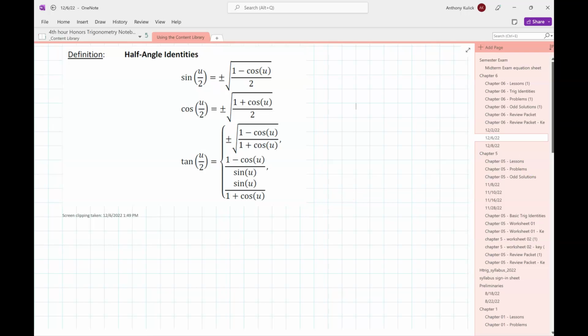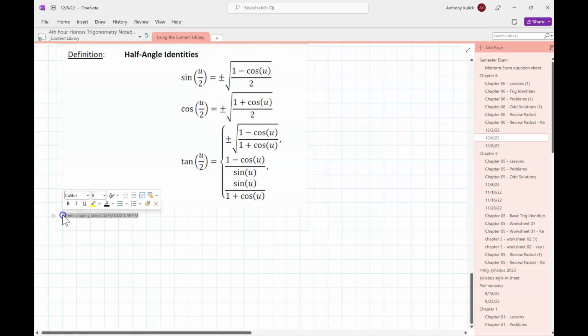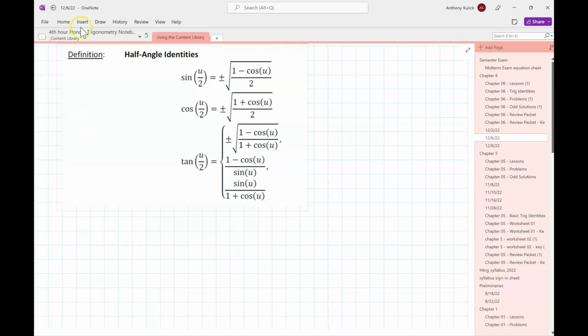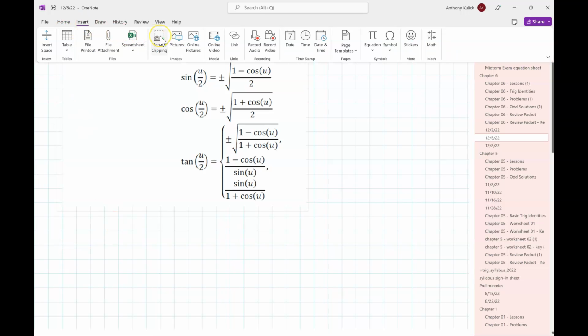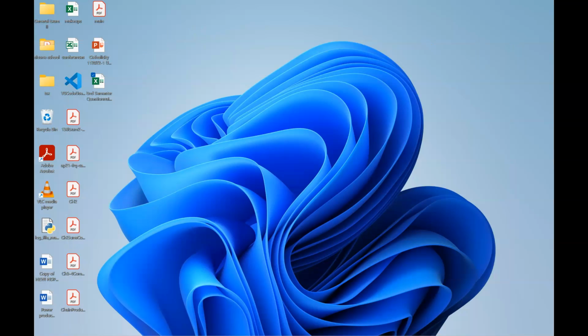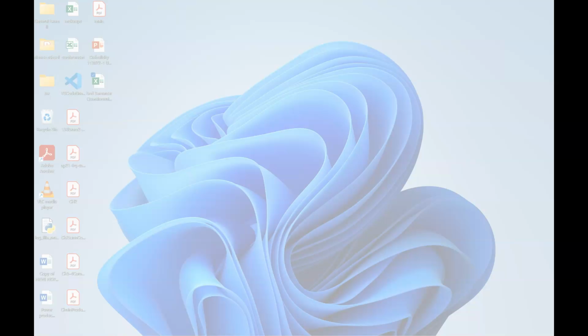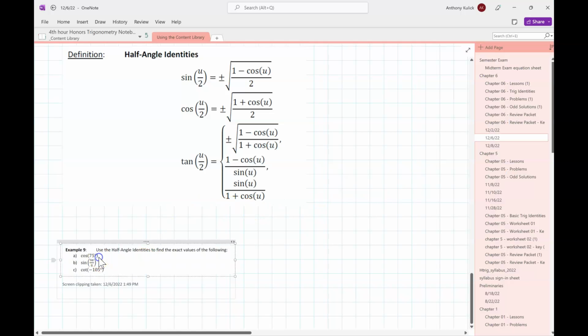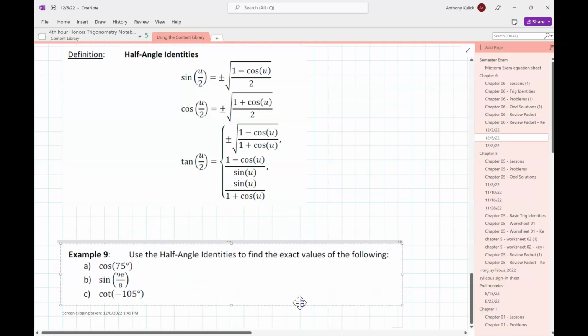How many options do you have there to choose from? 3. Does it matter which one you use? Not often, although being judicious about which one you choose can make a problem a little more straightforward than another one. So they do have pros and cons, but they all work.